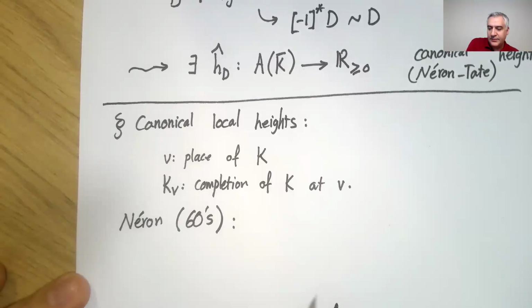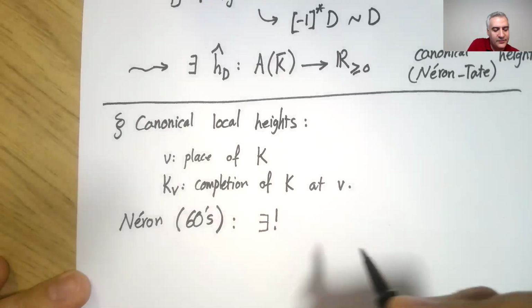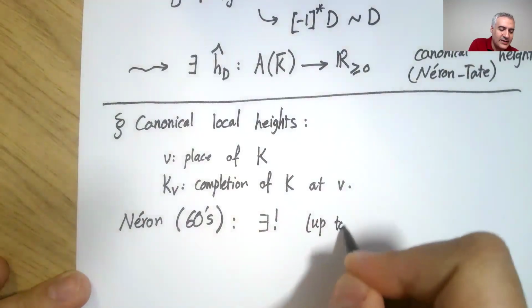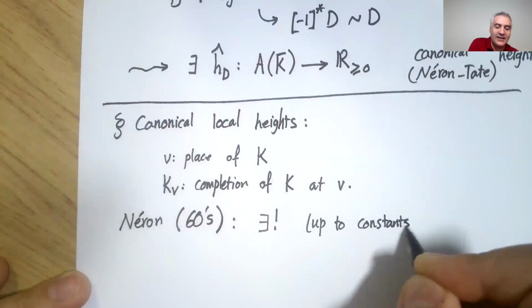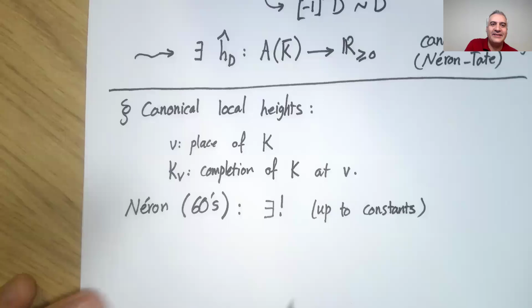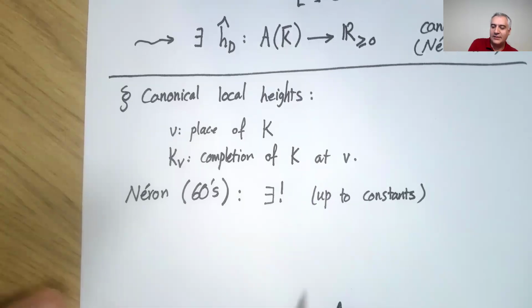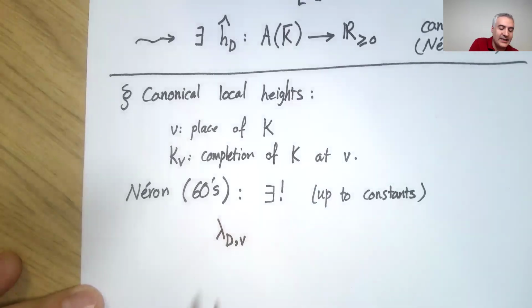Okay, so Néron proved there exists a unique, up to constants, whatever I'm going to say, that thing plus 5 is also an answer to what Néron was trying to find, which depends on the place and the divisor.